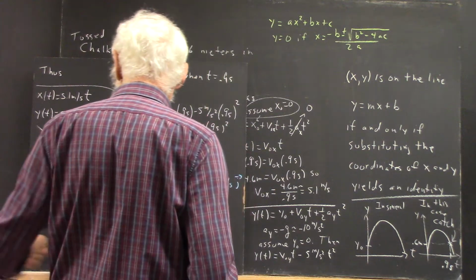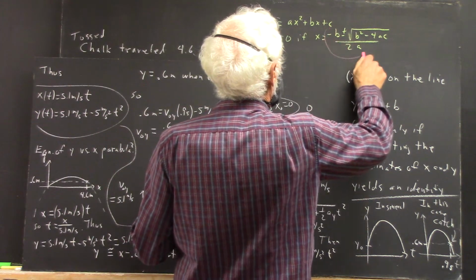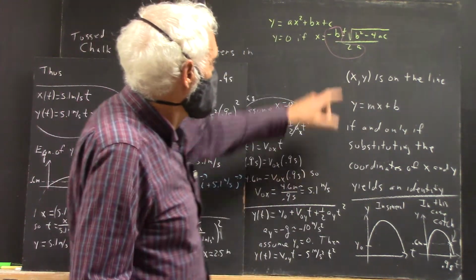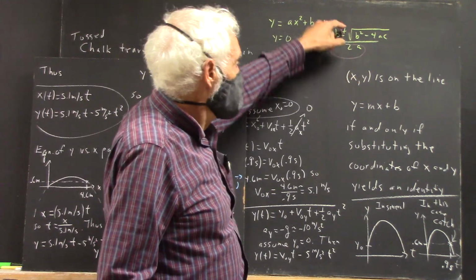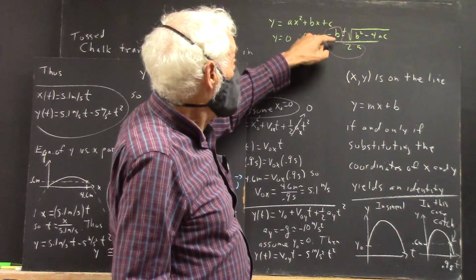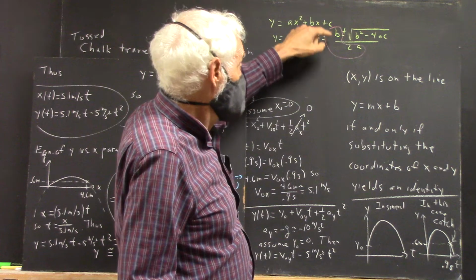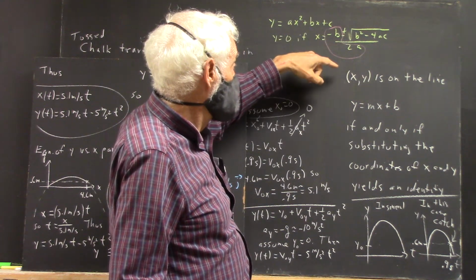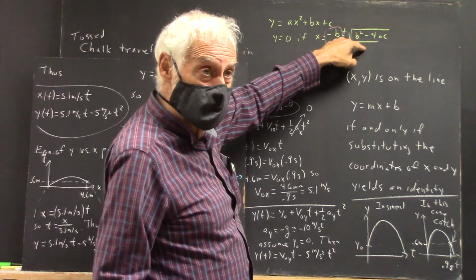Now, my big point is that this is where it's 0. Negative b over 2a is halfway between what you get if you use the plus and what you get if you use the minus. Because, of course, negative b is halfway between negative b plus the square root and negative b minus the square root.